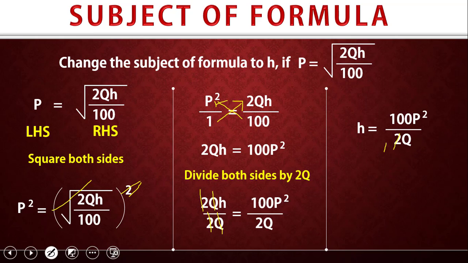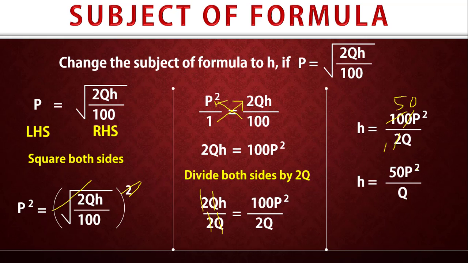If you go to your 2 times table, you definitely know that it will be 5. 2 times 5 is 10, so 2 goes into 10 five times. Then 2 into 0 gives us 0. If you look at it there, at the numerator we have 50p square, and at the denominator we have 1q. 1q is the same thing as saying q. So we now have h equals 50p square over q. So our subject of the formula is h equals 50p square over q. That's our final answer.